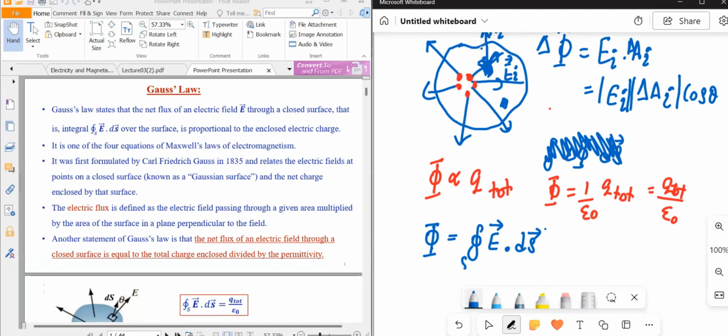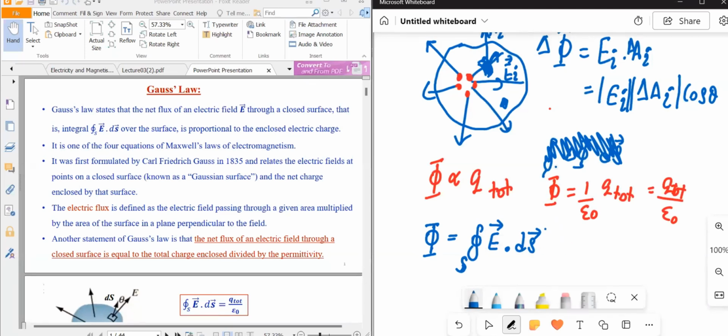Then in order to calculate the total flux through this closed surface, we need to do the surface integral of each of the electric field segments by each of the area segments. So psi, the total net flux, is equal to the surface integral of E dot dS.